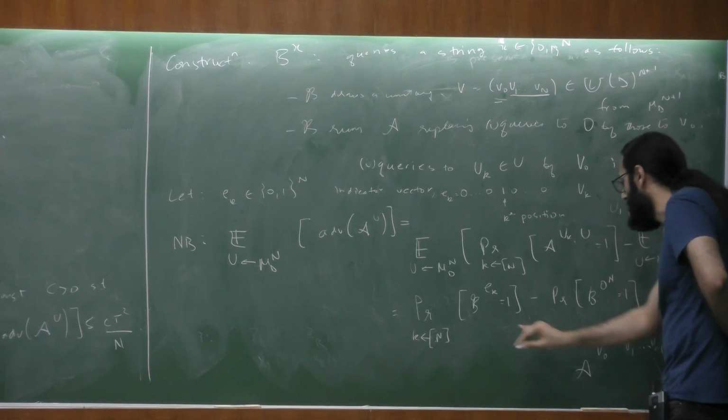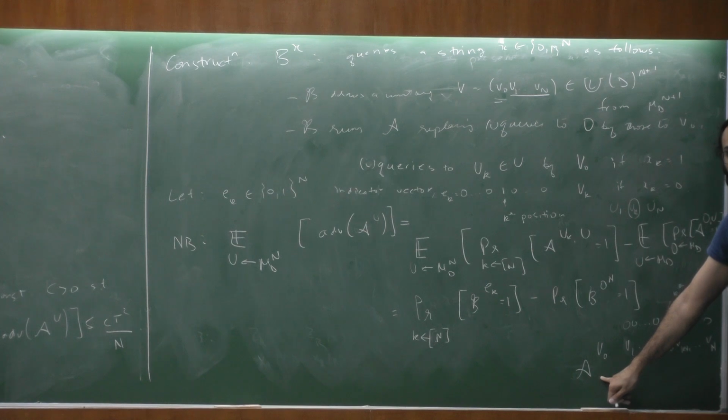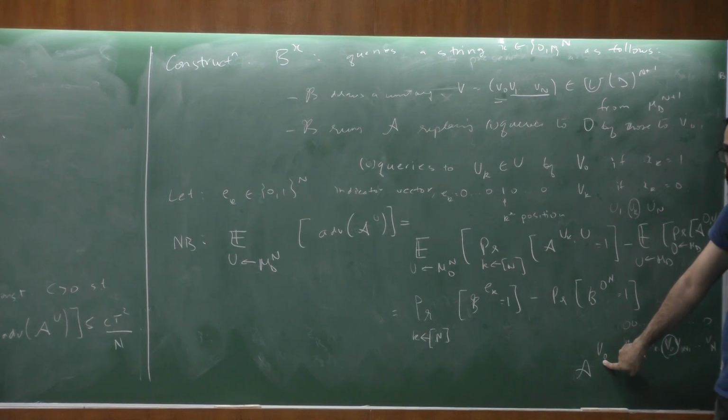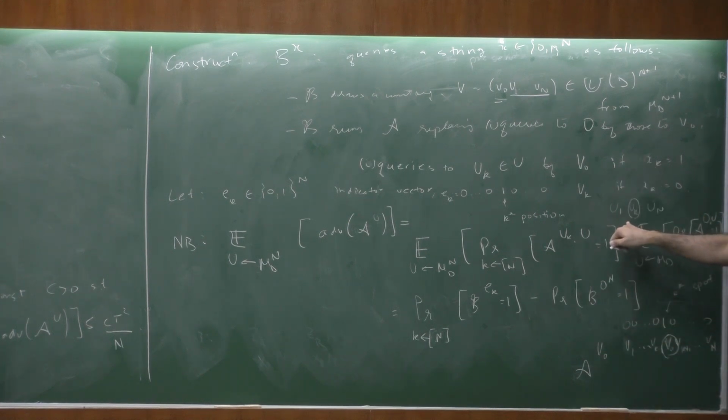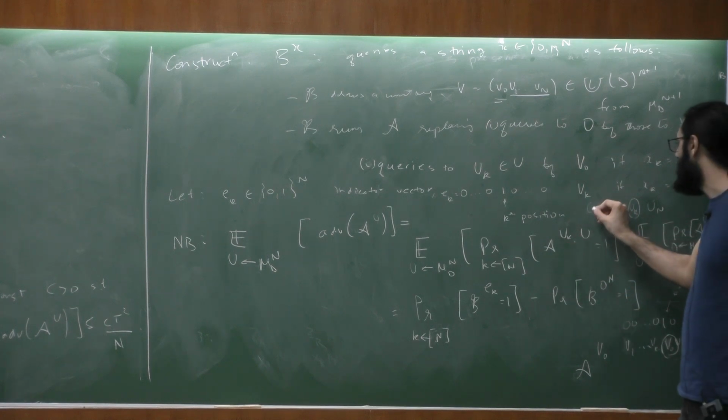So this is how it's running A, in this case, this is what is being run by B, because it just substituted, if you look at this, the 1 appears at the kth location, it substituted that with V0. Everything else is V1 to V capital N, and the first one is V0 just by definition of V0. But this is exactly what this was doing, because here you were picking U sub k to be the first.